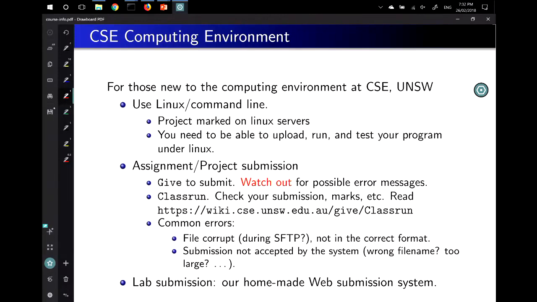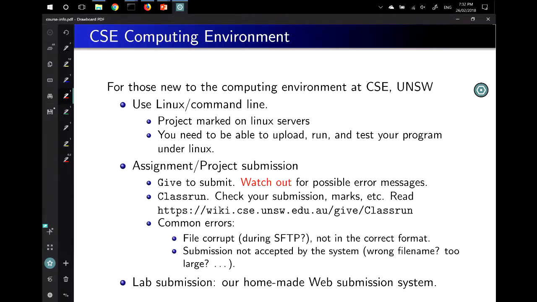Another common problem is that for our assignments, and maybe for the project, you need to upload your submissions using the give system. It's a system built by the school. I think they also have a web interface, but there is feedback saying that if you upload a large file, it depends on how large it is, and sometimes it fails.